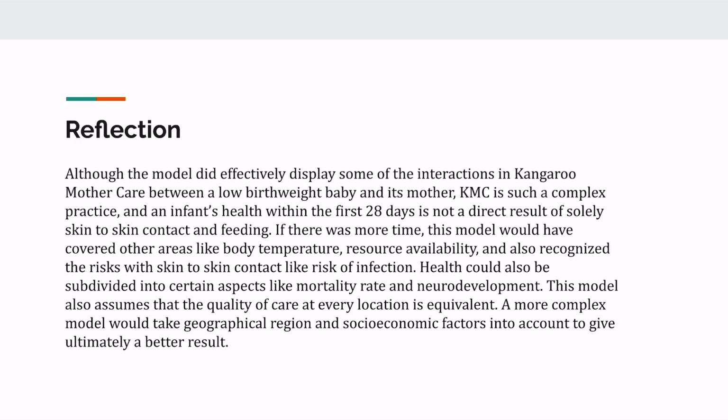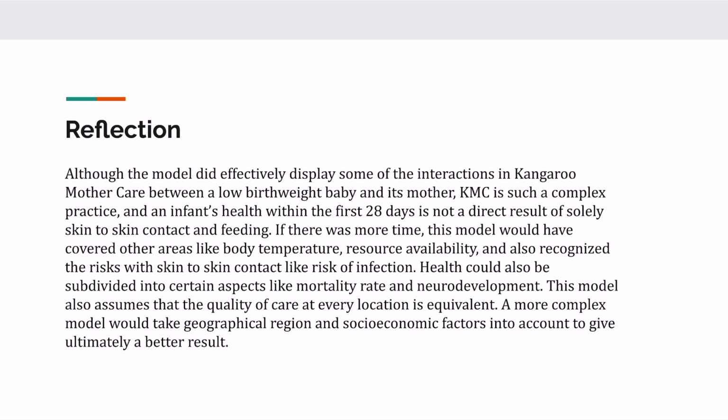Although the model did effectively display some of the interactions in kangaroo mother care between a low birth weight baby and its mother, KMC is such a complex practice, and an infant's health within the first 28 days is not directly a result of solely skin-to-skin contact and feeding. If there was more time, this model would have covered other areas like body temperature, resource availability, and also recognized the risk with skin-to-skin contact, like risk of infection.